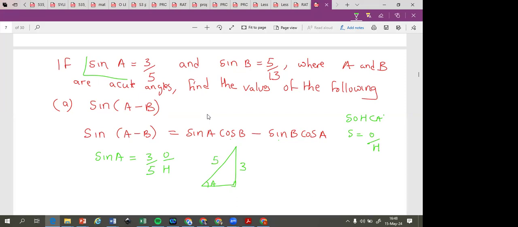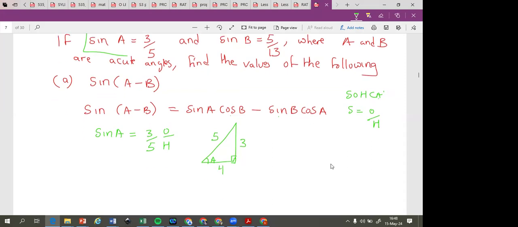But when I'm dealing with cos, I need the adjacent. So can we find the adjacent? Use your Pythagoras theorem. It is 4. Good.